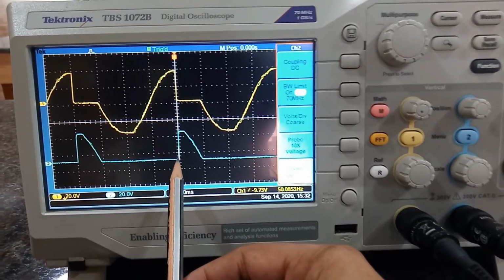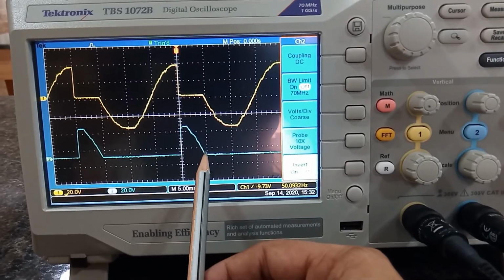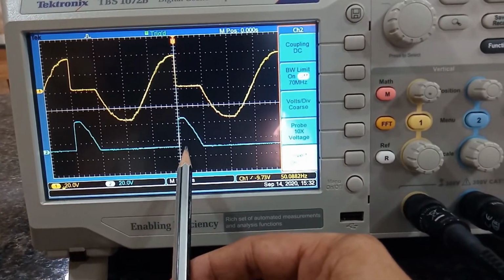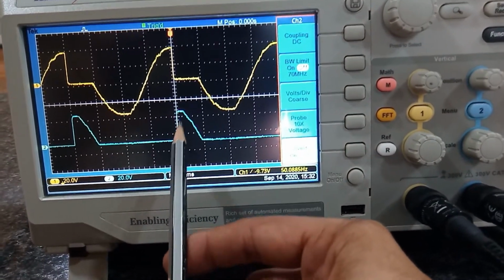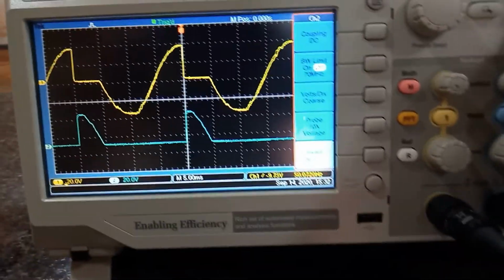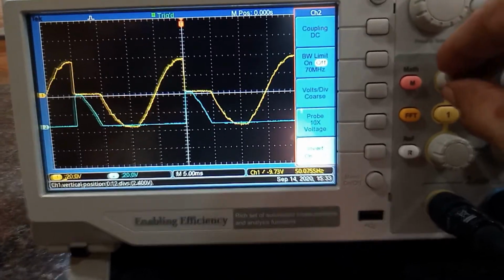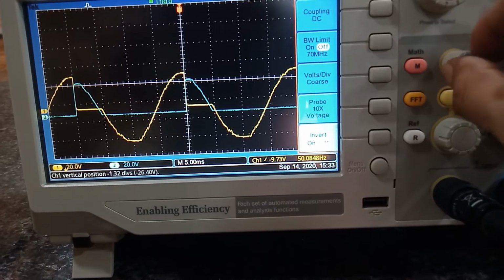So we can see that only while the SCR is conducting, for the conduction angle, the current is flowing through RL. Only for this conduction angle. If we overlay both the signals, it will look like this.